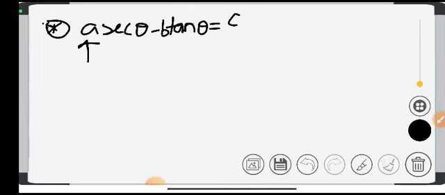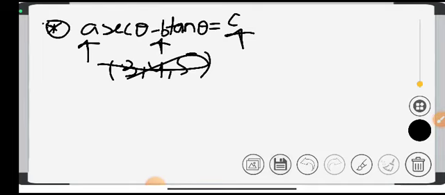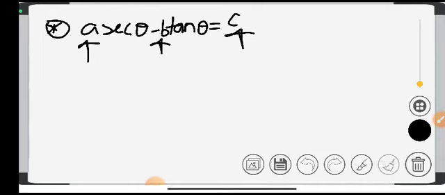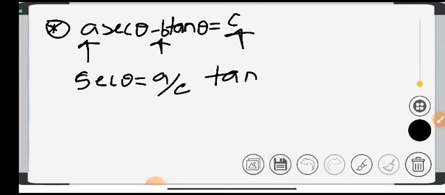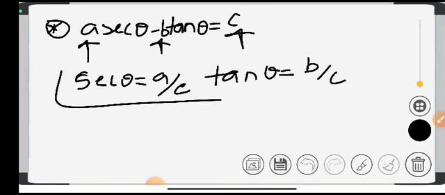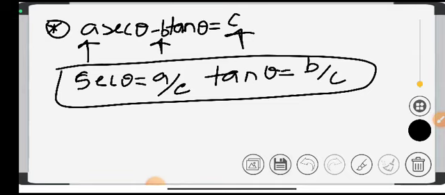If I found this a, b and c form a triplet, that is 3, 4, 5, anything that is forming a triplet, you should be able to write sec theta that is a upon c, tan theta that is b upon c. This one will be your resultant. That's it. You need not solve or do anything because you have no time. Do it as fast as you can.